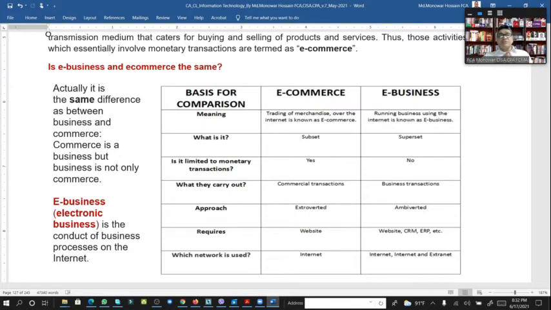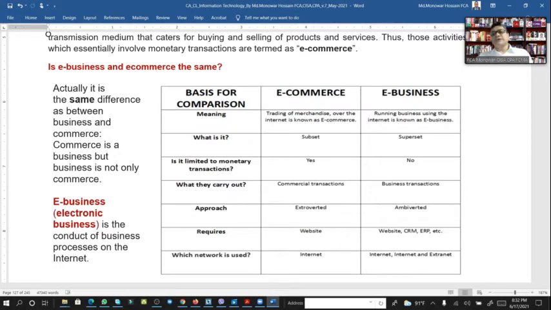E-business, that is electronic business, is the conduct of business processes on the internet. The meaning of e-commerce is trading of merchandise or goods over the internet, and e-business is running a business using the internet.